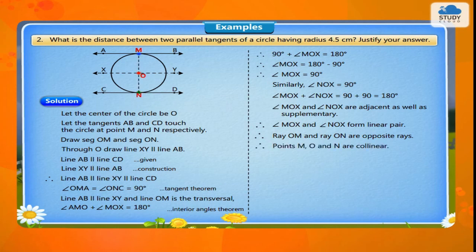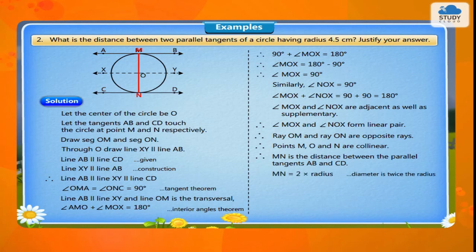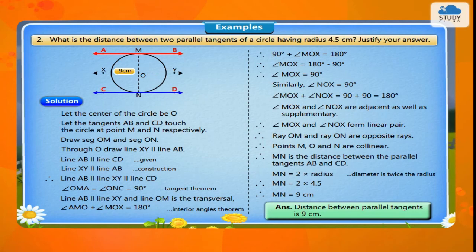Therefore, points M, O and N are collinear. Therefore, MN is the distance between the parallel tangents AB and CD. MN is equal to 2 into radius, which is 2 into 4.5, which is 9 centimeter. Answer. Distance between parallel tangents is 9 centimeter.